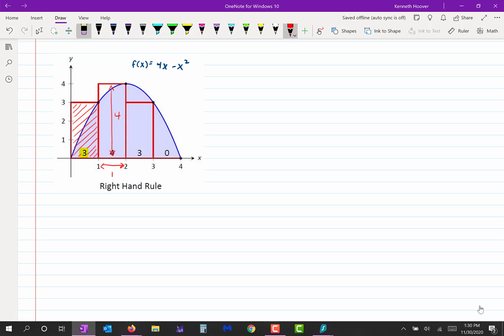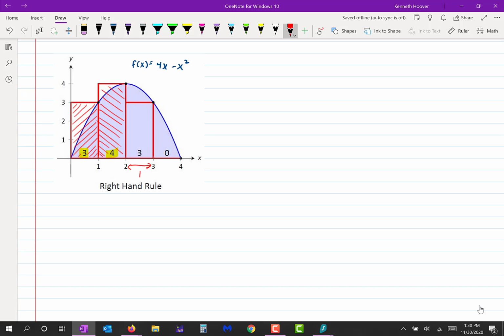Height times width is 4 times 1, so that has an area of 4. And that's what that 4 is right there. Okay, that's this rectangle. Has an area of 4. Okay, let's go to the next rectangle.